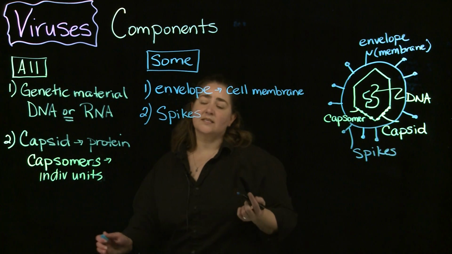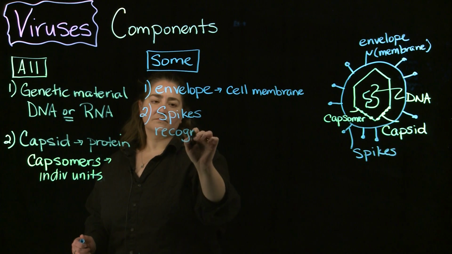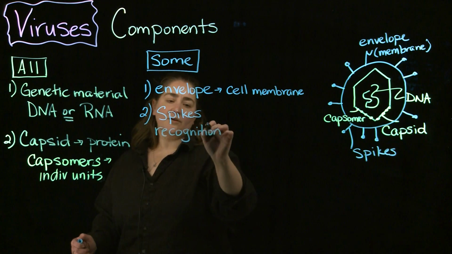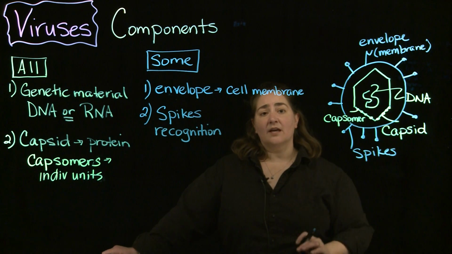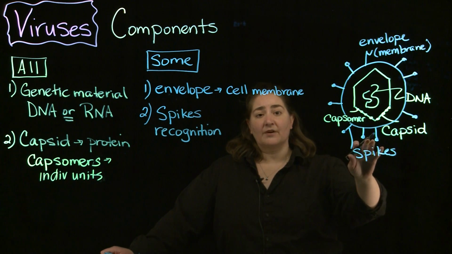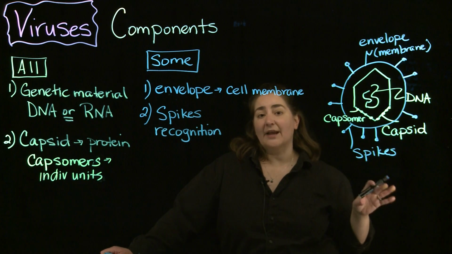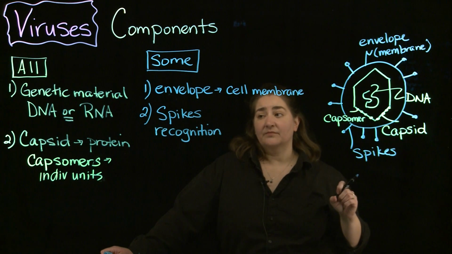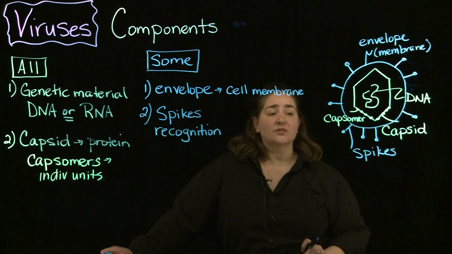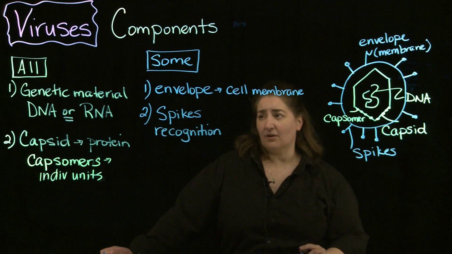The spikes typically are going to be involved in recognition for the virus. A lot of times the spikes are the component of the virus that's going to attach to or recognize the host cell so it can latch on. So the spikes are found in some but not all. Envelope is found in some but not all.